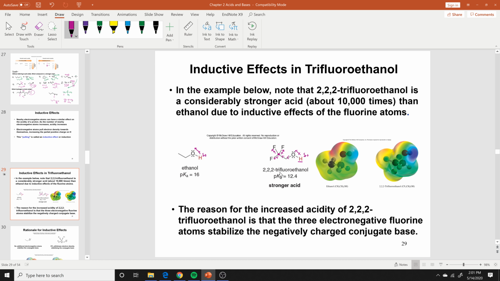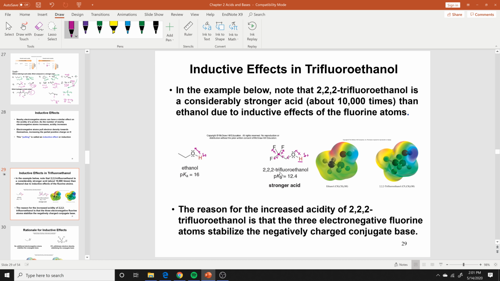So now you can see that the electronic cloud is distributed. It is not focused on one region. The electronic cloud is now distributed over the whole structure.